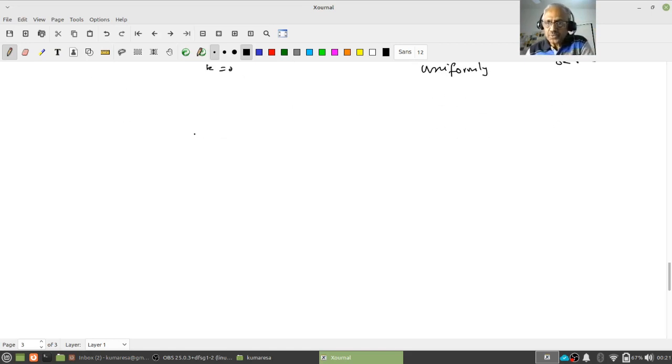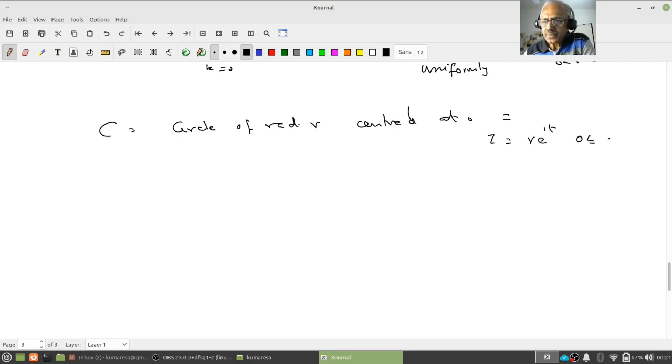This is the way I am going to produce it. So let us look at C to be the circle of radius r centered at 0. That is, I can write it as z is equal to r e power i t, 0 less than or equal to t less than or equal to 2 pi. Therefore, now I have a function.